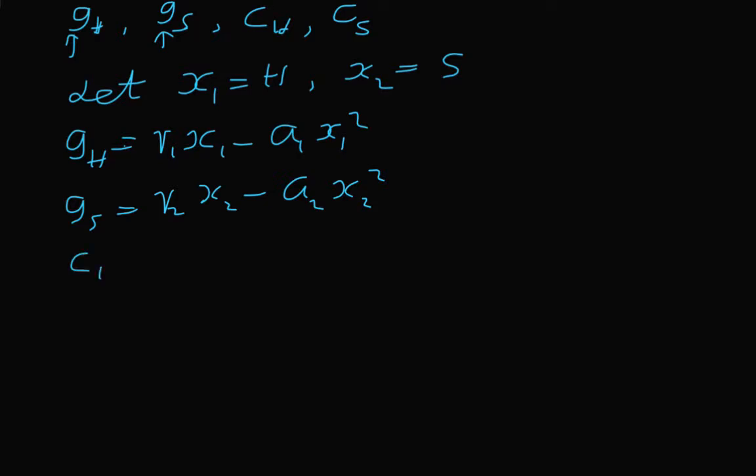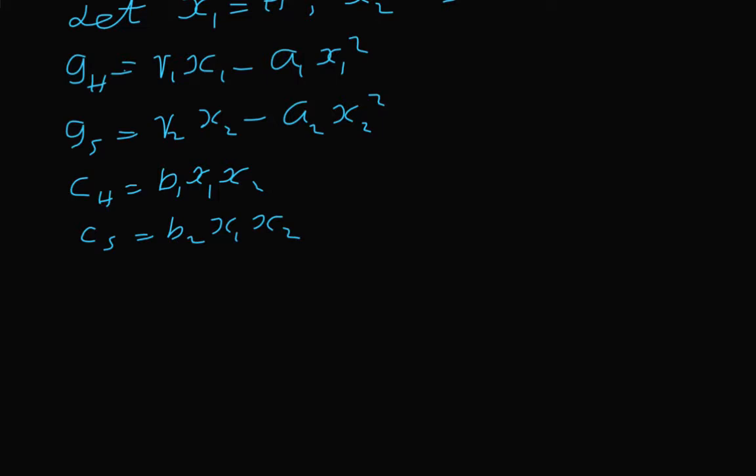CH is b1 x1 x2 and CS is b2 x1 x2. Okay, here we have two variables instead of n variables as in step 2. x1 and x2 are the two variables.